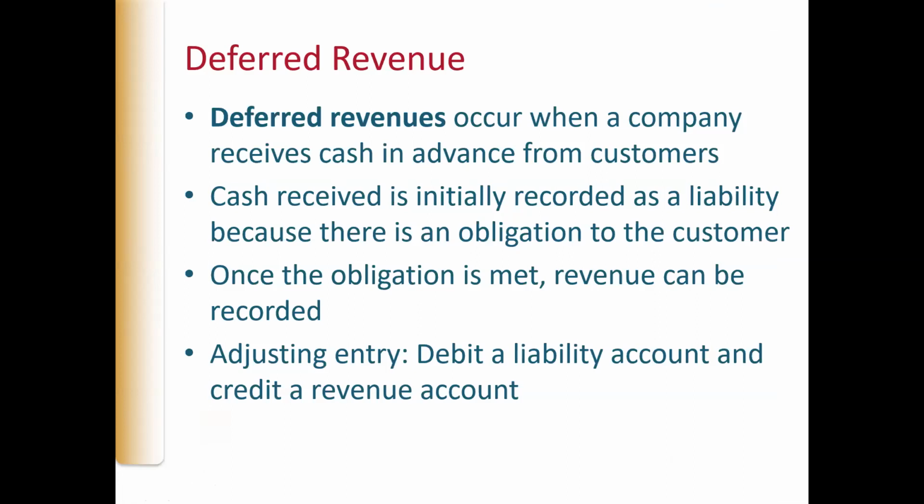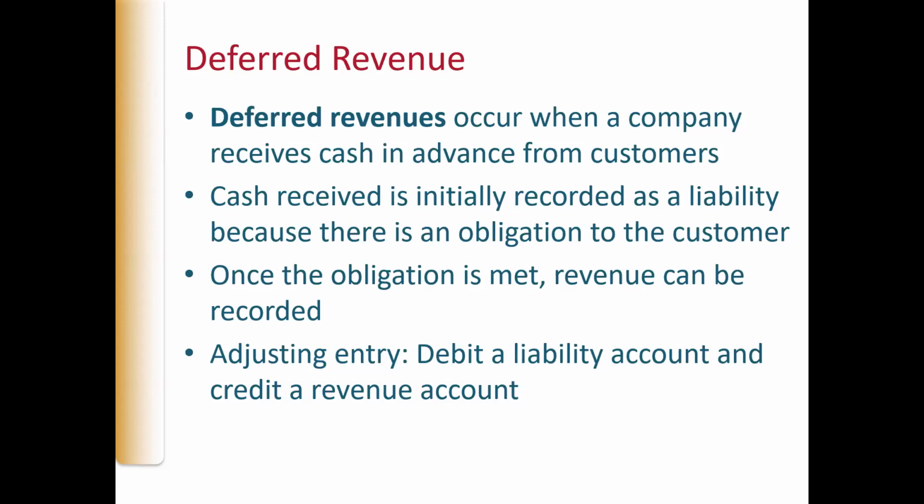Now, we know deferred revenues happen when companies receive cash in advance from customers before we've done the work. Cash is received initially and it gets recorded as a liability. But once that obligation or that sacrifice is met, we then can create a revenue.